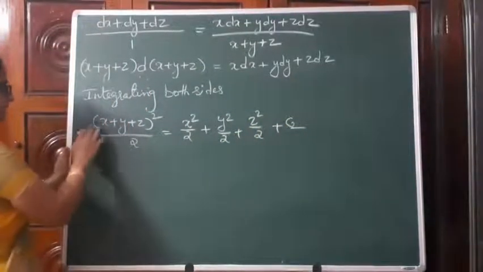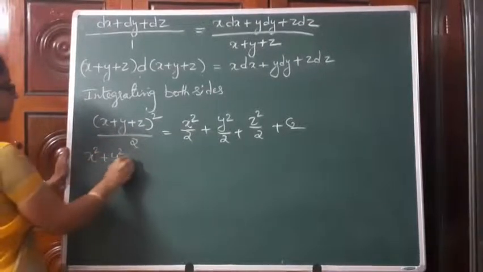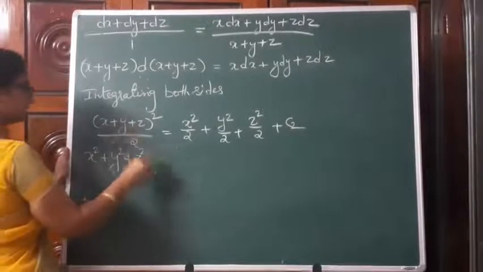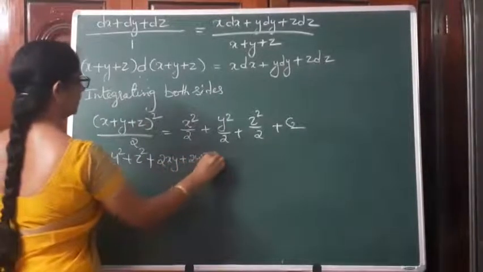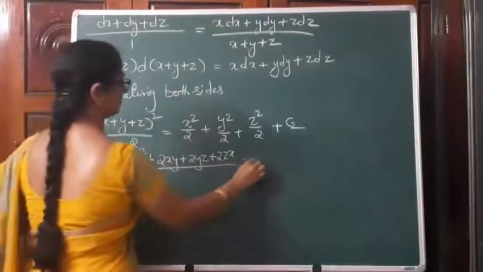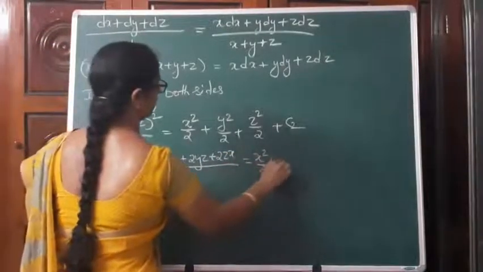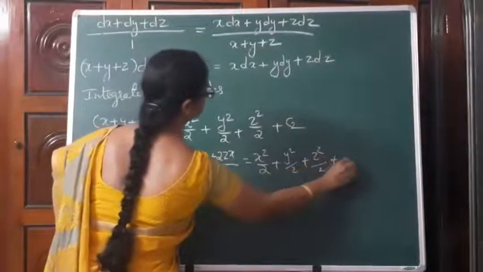We can still simplify this. What is x plus y plus z whole square? It is x square plus y square plus z square plus 2xy plus 2yz plus 2zx, by 2, equal to x square by 2 plus y square by 2 plus z square by 2 plus c2.